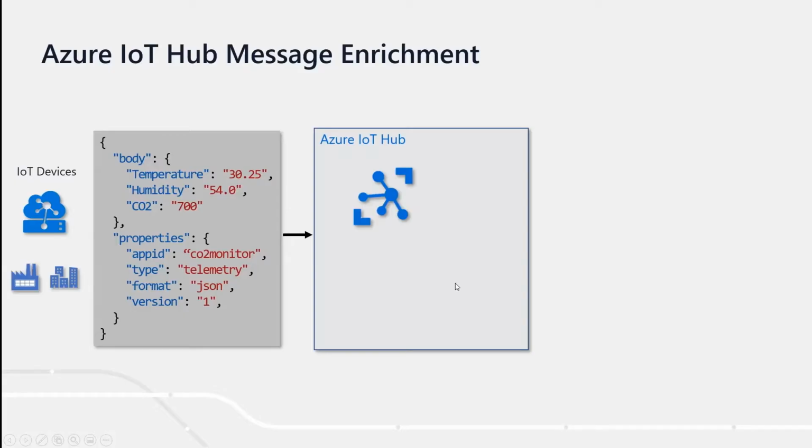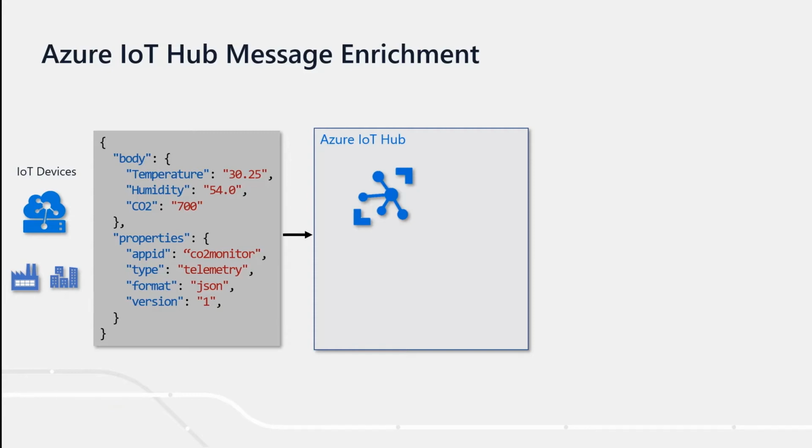Okay, I want to talk in a little more detail about a couple of the key things inside IoT Hub over and above what I've already mentioned. The first is Azure IoT Message Enrichment. You saw the device there, and the telemetry coming off it: temperature, humidity, and CO2.